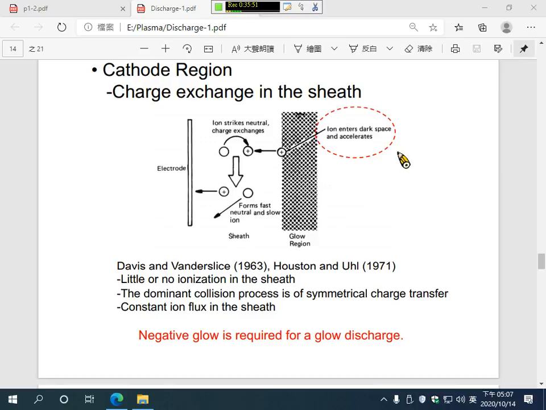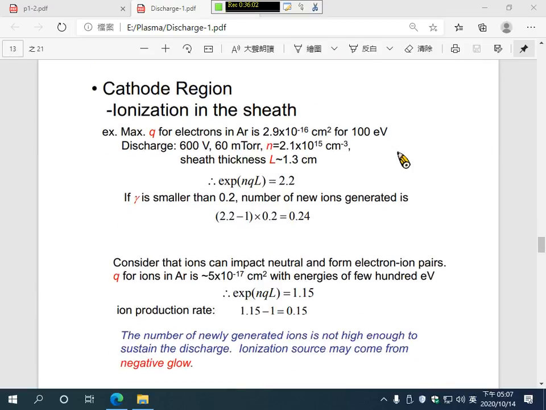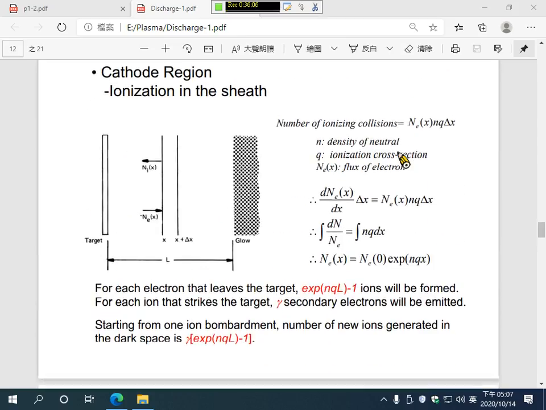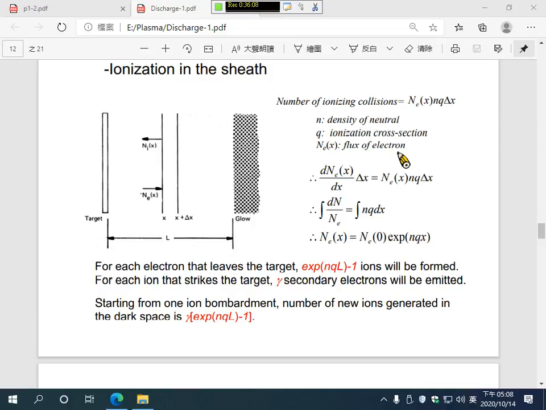Okay. So in this chapter, in Chapman's book, he used the example to prove that there's little or no collisional process in the cathode layer.